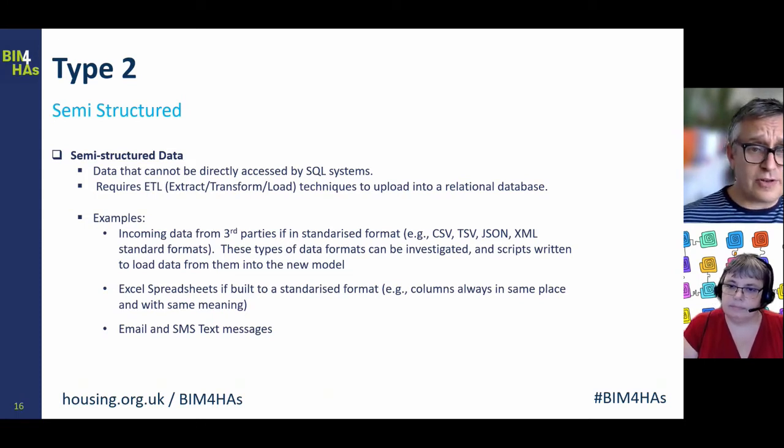Your data modelers might call that an API, but there is a way for the information that is semi-structured, that might be in an ordinary, quote unquote, spreadsheet, to be hoovered up, to use my terminology, into your system, into your asset information model. So I think it's just spreadsheets, incoming data from standardized format, emails, SMS text messages, that can be accommodated.